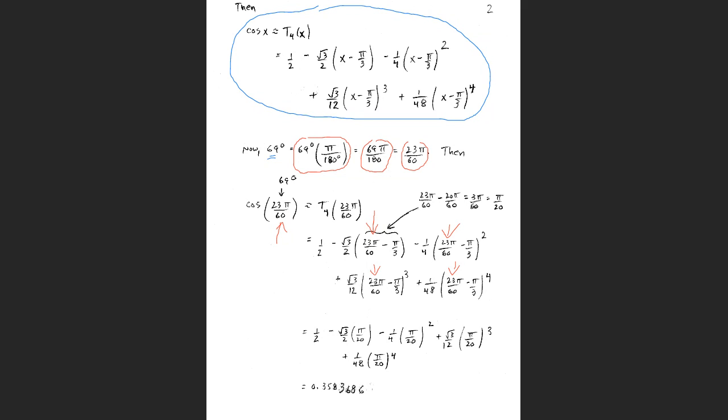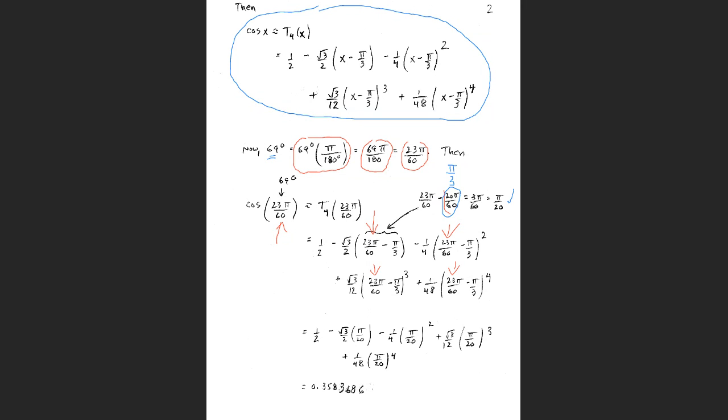But 23 pi over 60 minus pi over 3, well, pi over 3 is equal to 20 pi over 60, right? So all those differences in the parentheses turn out to equal 3 pi over 60, or pi over 20.